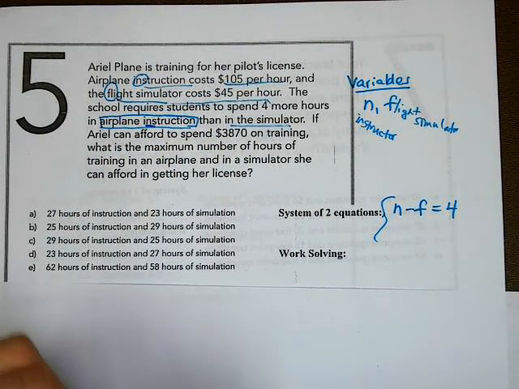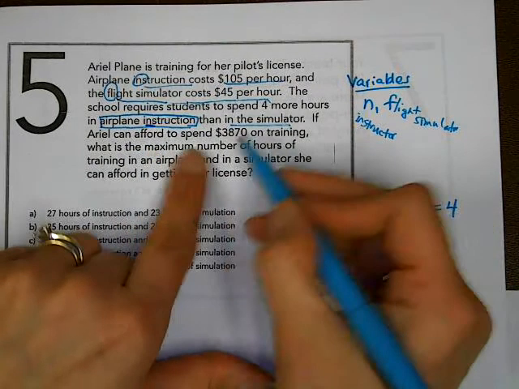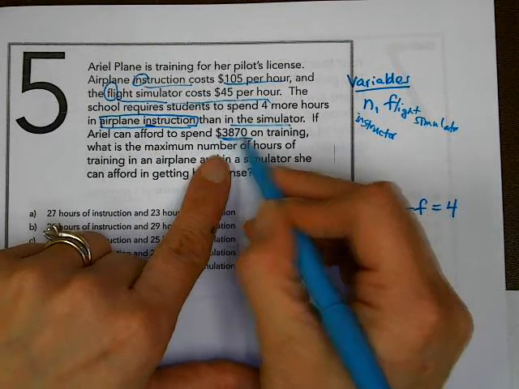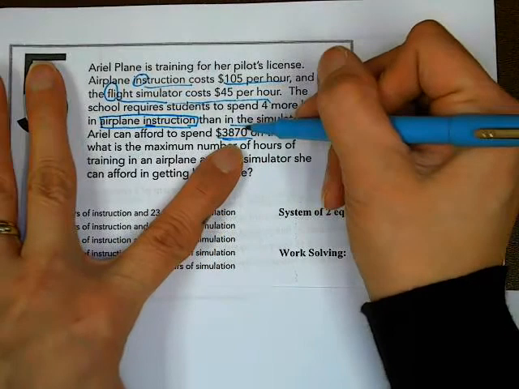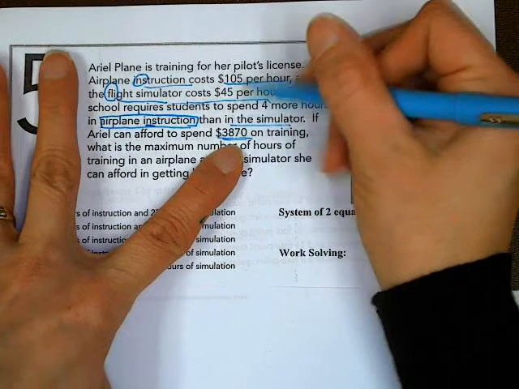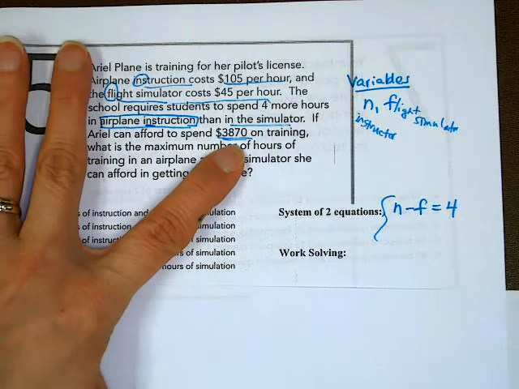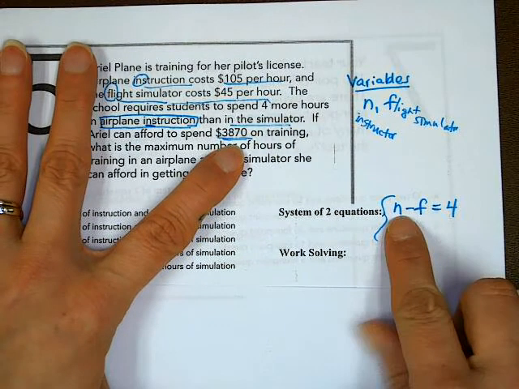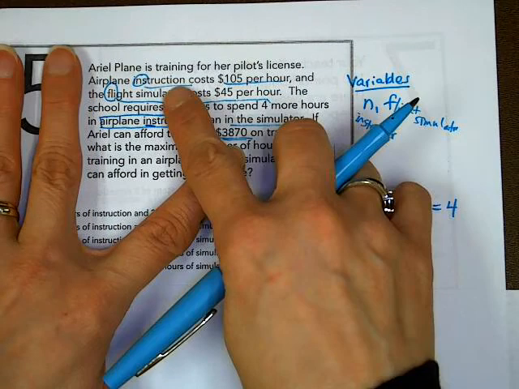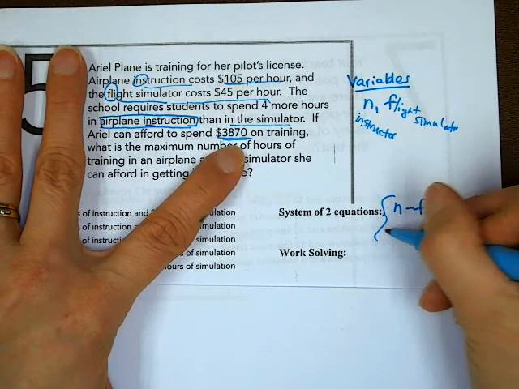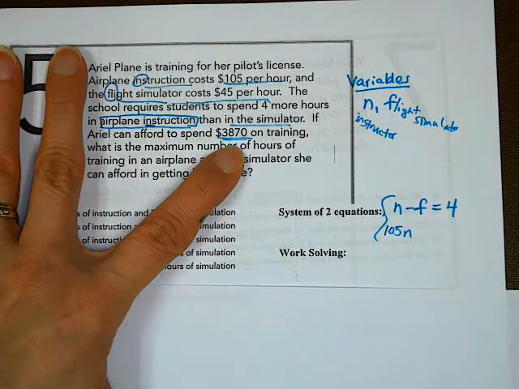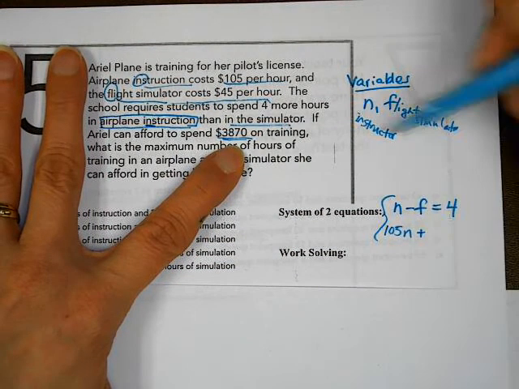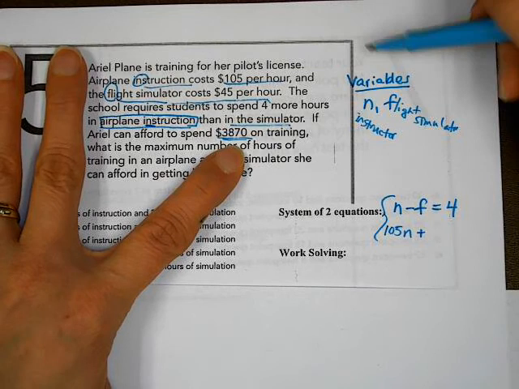Now there's also another piece of information here. It says she can spend this much on training altogether. Wow, it's a lot. She can spend that much on the instruction costs and the simulator cost. How much does the instructor cost? 105 for every N, plus how much is the cost for the flight simulator?